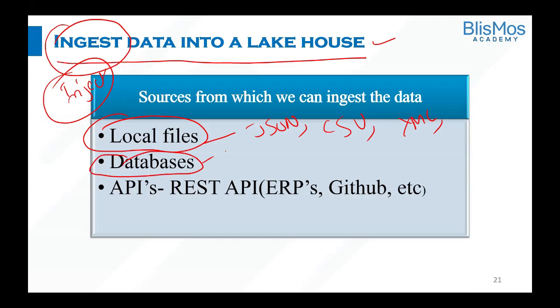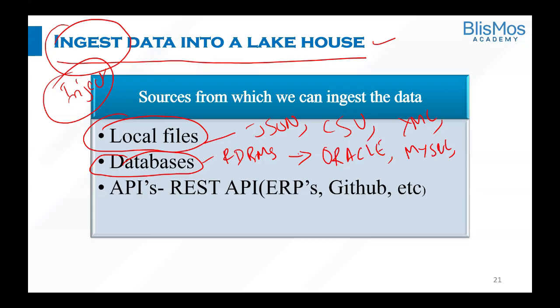RDBMS databases. Which are the RDBMS stores available in the market? Oracle. Yes, we can ingest the data from Oracle, MySQL, SQL Server, SQLite or DB2, whichever RDBMS is being used by the organization.